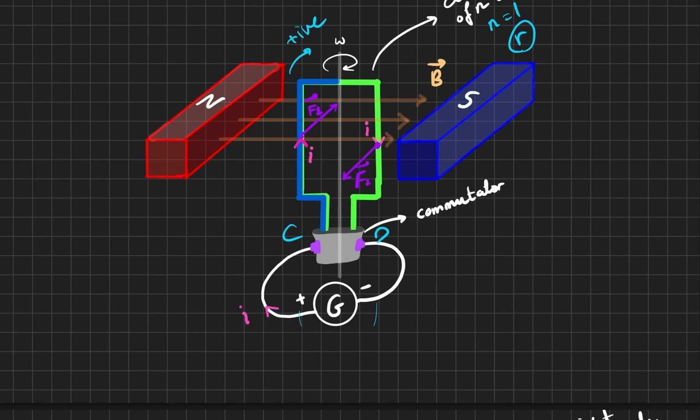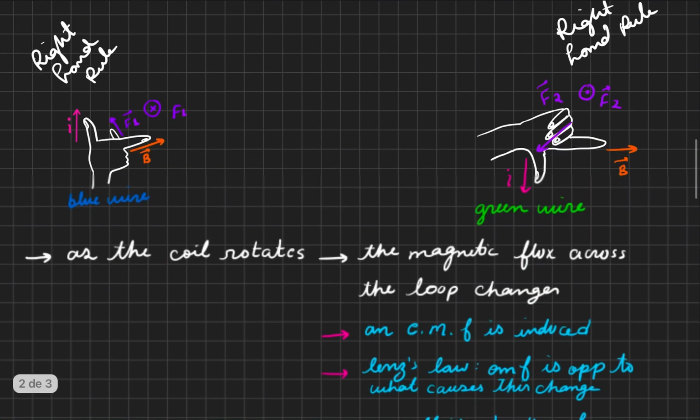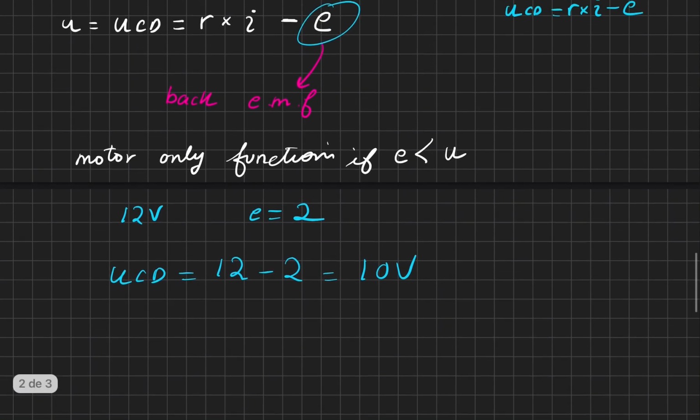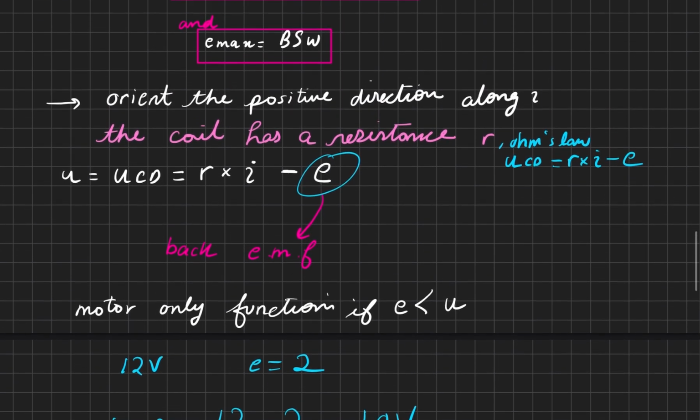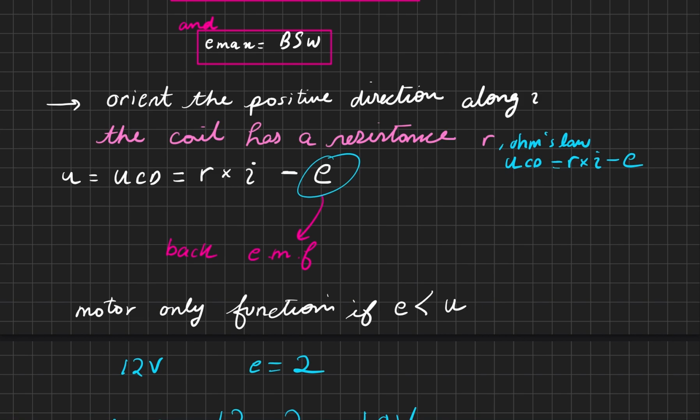This couple of forces will cause the coil to rotate, and this rotation will cause a change in the magnetic flux, and this flux will cause a back electromotive force, which opposes the direction of the electromotive force of the generator. Then U, the potential difference between C and D, would be R times I, where R is the resistance of the coil, minus E, which is the back electromotive force. And that's it for today.